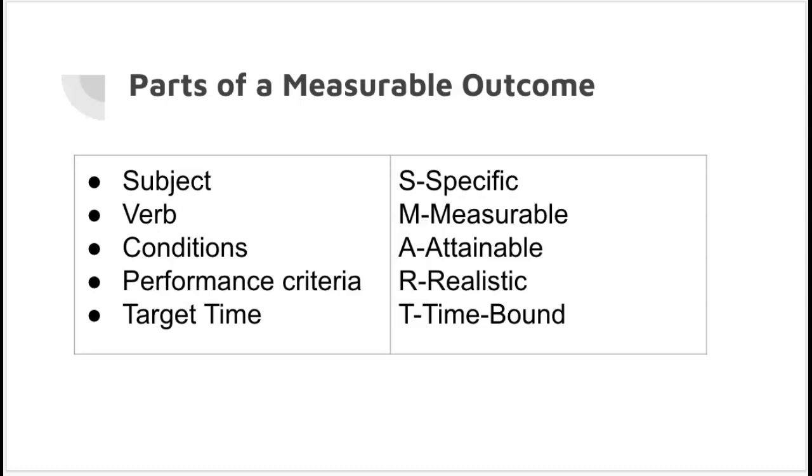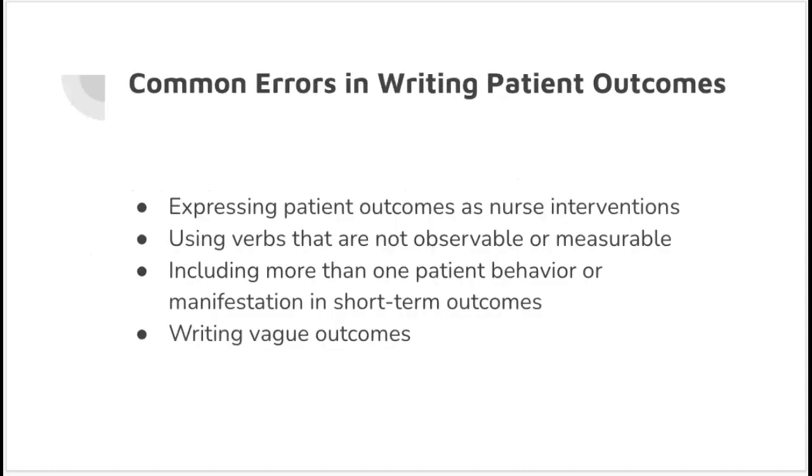That is why it's always important to make it measurable so that you can see if the patient has met their outcomes. So these are some common errors in writing your patient outcomes.